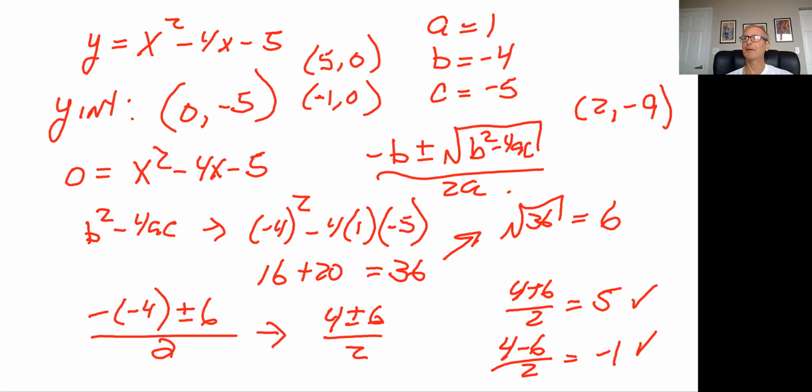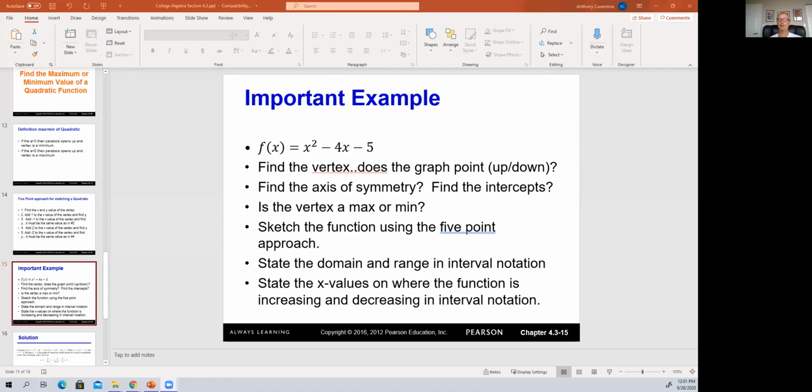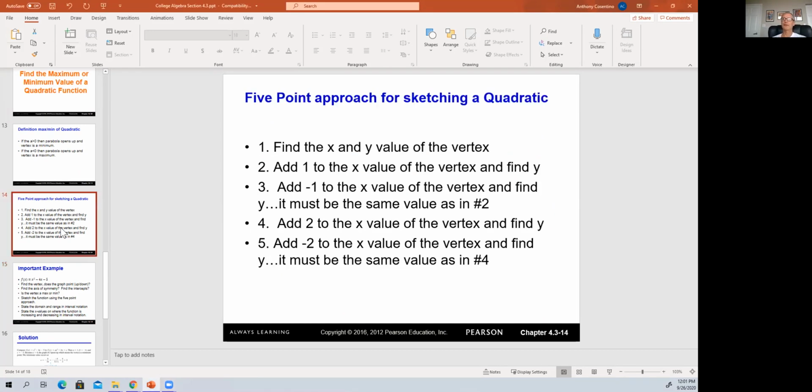So the next thing I want to do is show you what I think is a really good approach to sketching a quadratic. And I like to call this the 5-point approach.